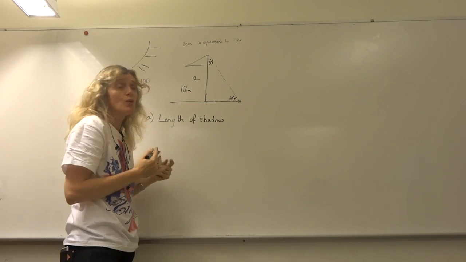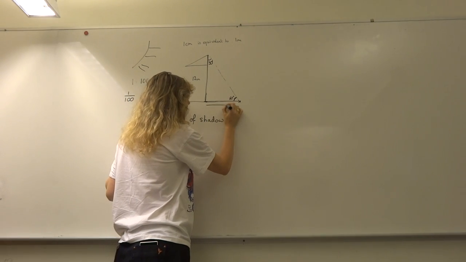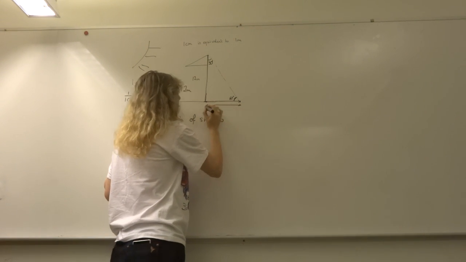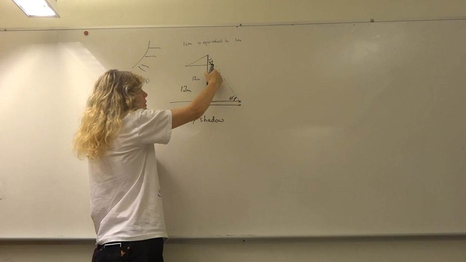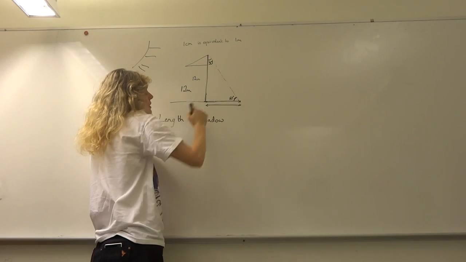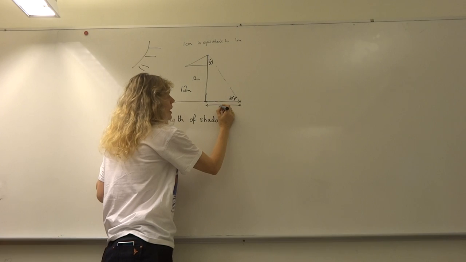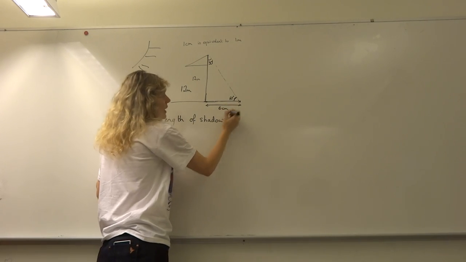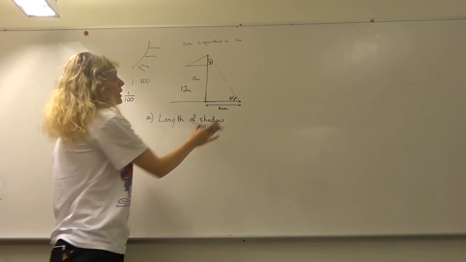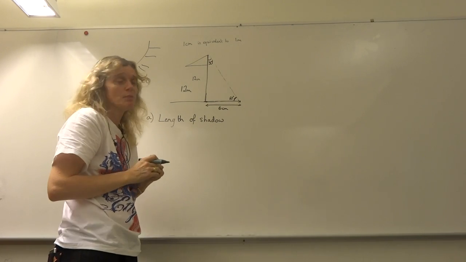Then you just use your ruler to actually find out how long this shadow is when I measure it. So I make a 30-degree angle from my 12 centimetre flagpole, and then when I measure this length, I get that the length in my book will be 6 centimetres long.